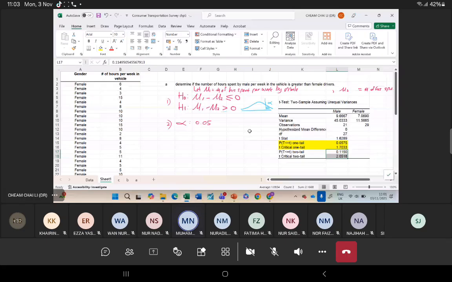Now you can make comparison. So kita compare. Okay, test statistic is slightly smaller than critical value. So, sorry, the other way, right? Critical value lebih besar. Critical value is larger than test statistic. Therefore, your decision is what? What is your decision? What do you think is the decision? Reject or do not reject?